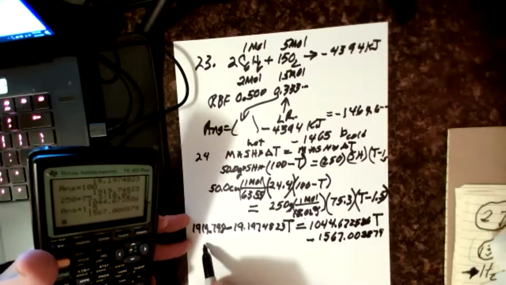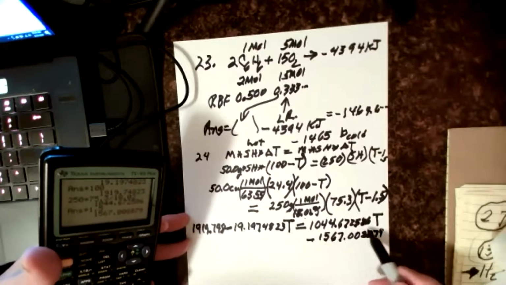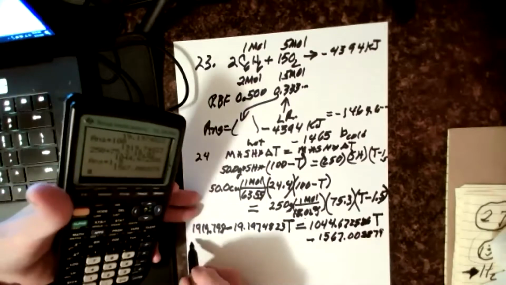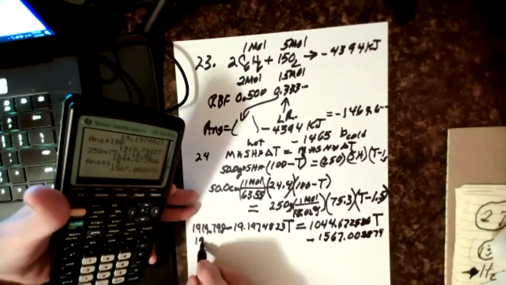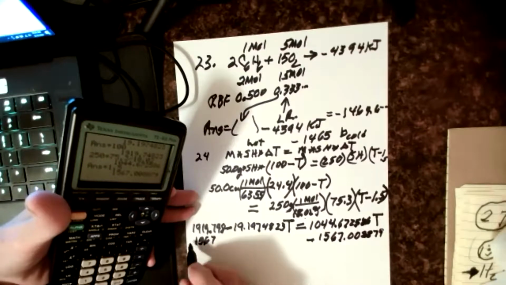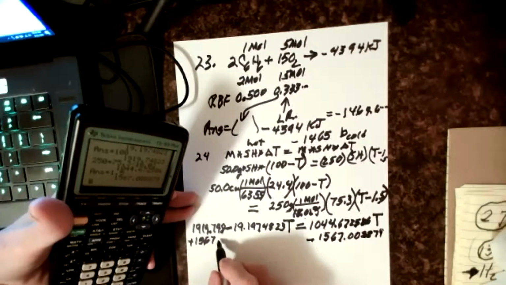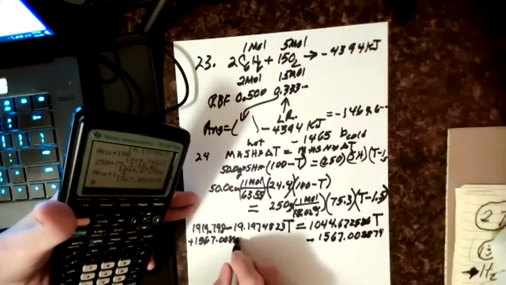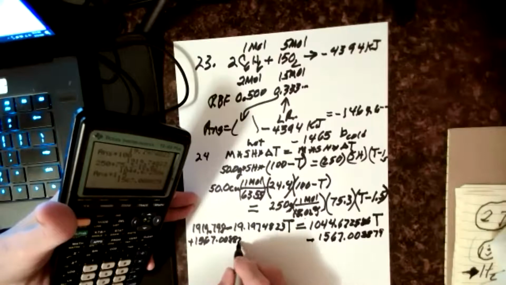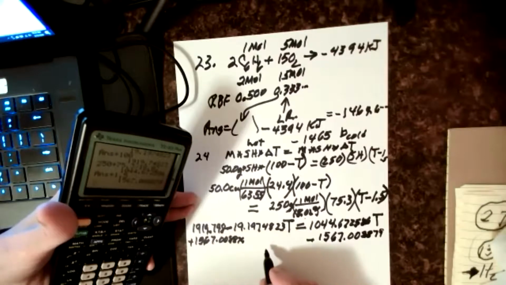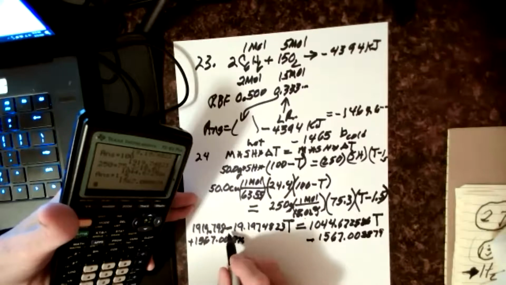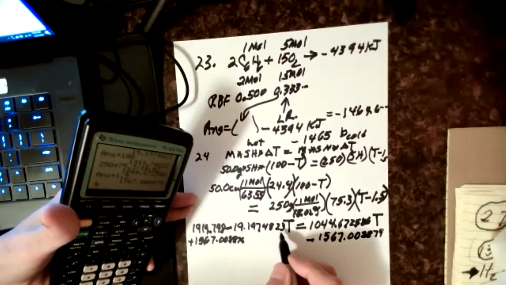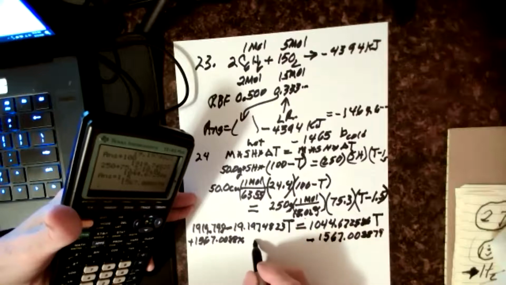I can add it to both sides. So that'll get rid of it here. So I'm going to add 1567.008889 to that number. And then I'm going to add plus 19.19748 T to both sides.